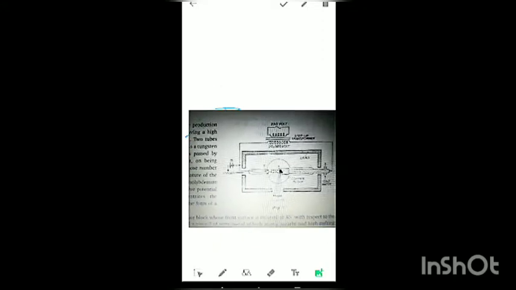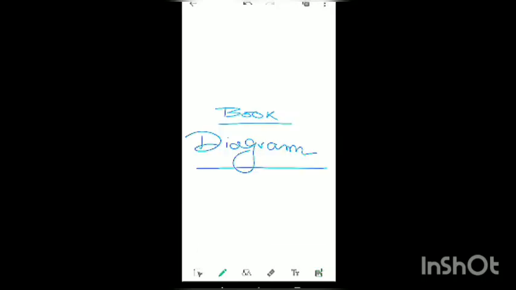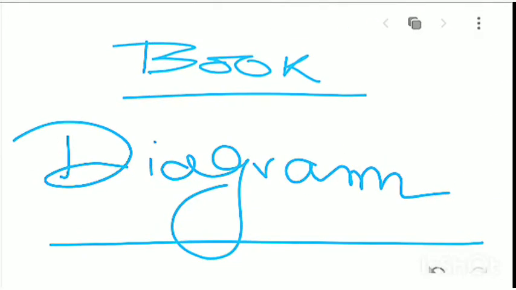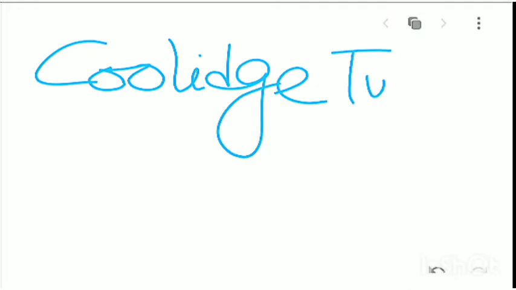This is the diagram of X-rays. I have also attached this diagram, and please watch this diagram. That will be helpful. Now, coming back to our topic, we use a Coolidge tube. The name is Coolidge tube to produce the X-rays.